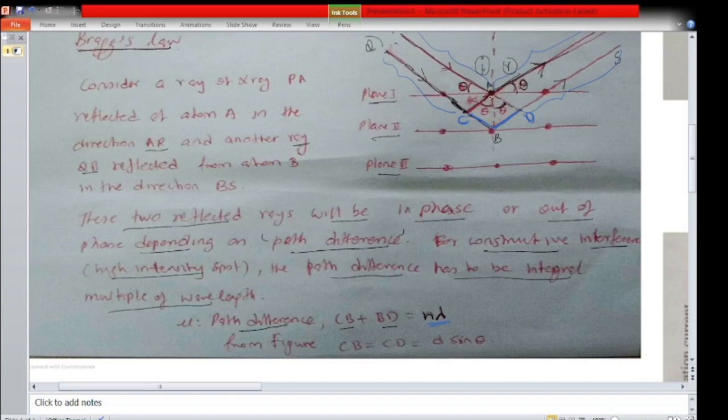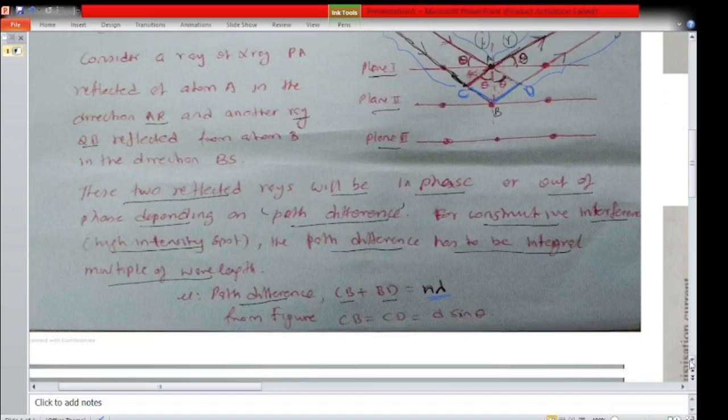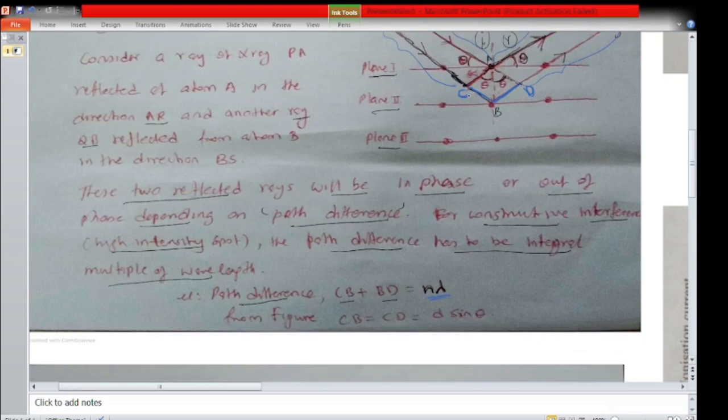Now if you consider what will be CB? CB, this one, this distance. This is a right angle triangle, you can see here.